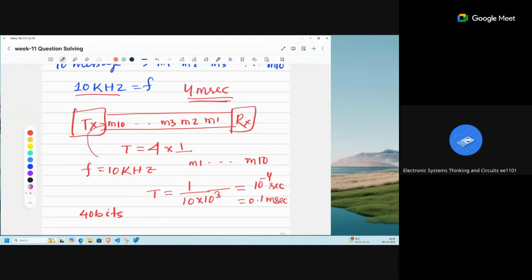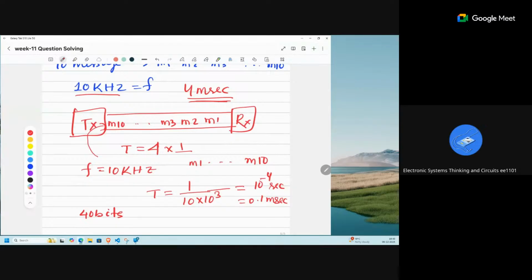Whatever the data is, you have to work from that. Nowhere is it mentioned that 2 bits take one frequency. In one cycle there is a positive half and a negative half; that's why I said it. It's just my assumption, I don't know whether I am right or not.